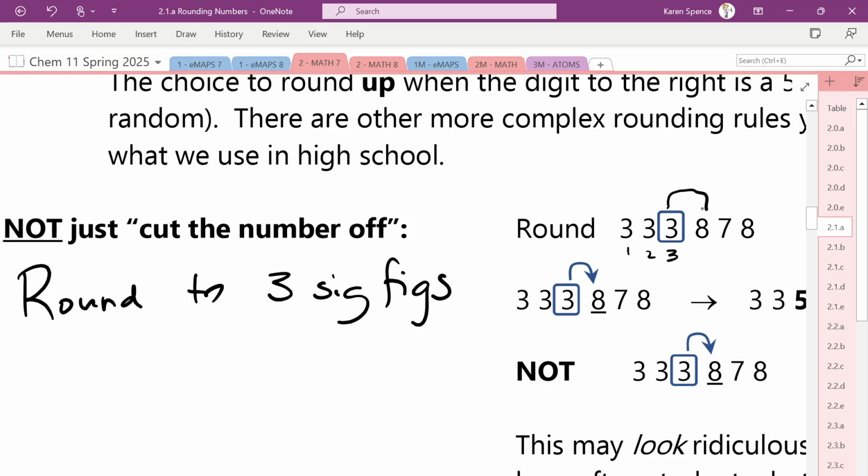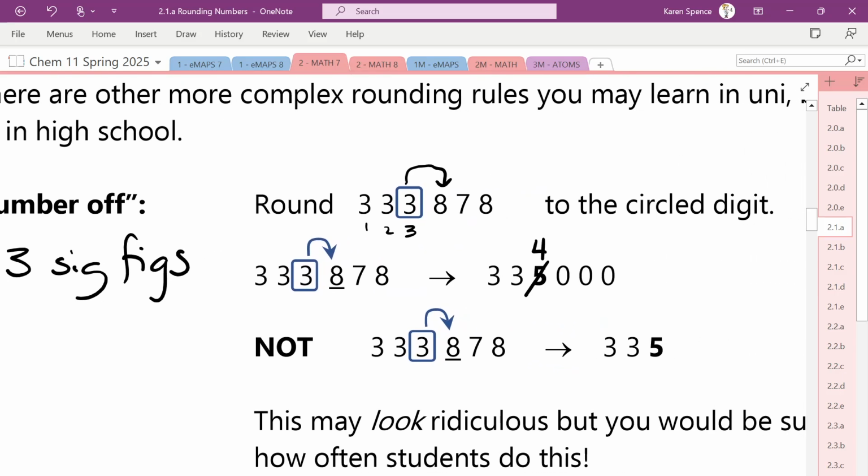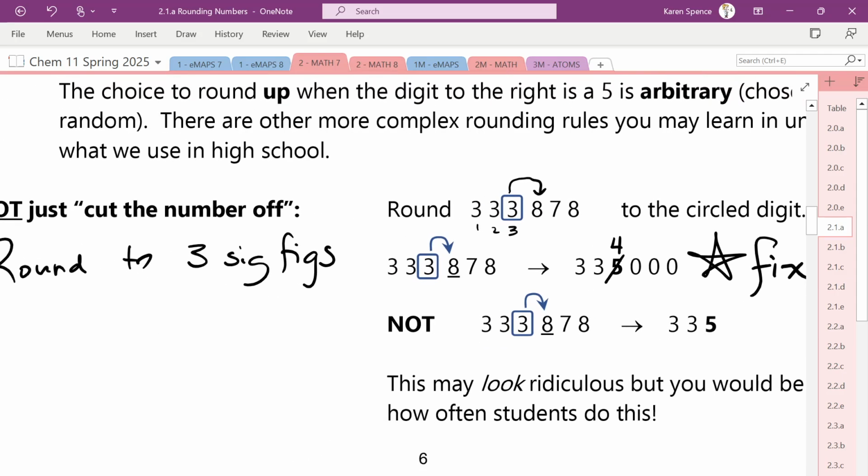We look to the right and we say, oh, that's going to round up. So it will be, oh, that should be a 4. Sorry, that's a typo. I need to fix that. That's a 4, but sometimes people will be like, round to 3 sig figs, and they will round it to 334.